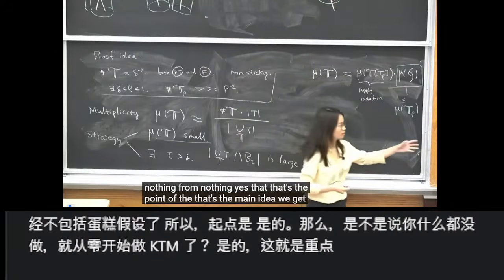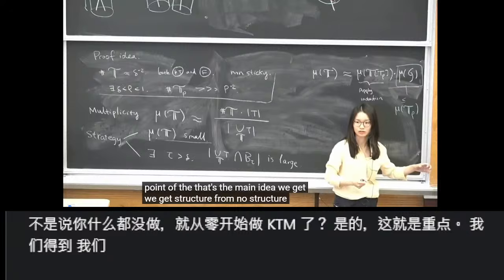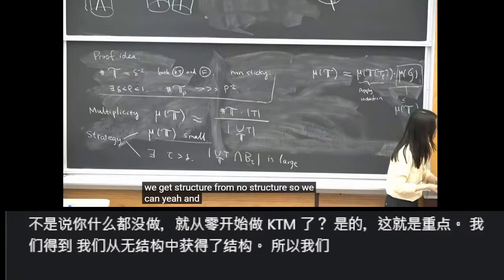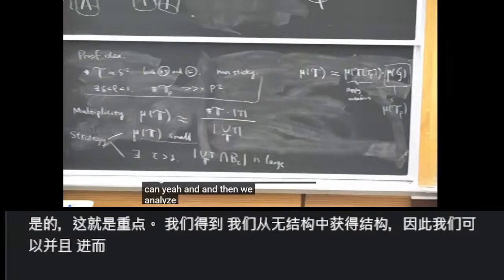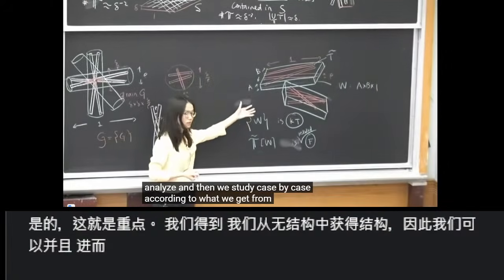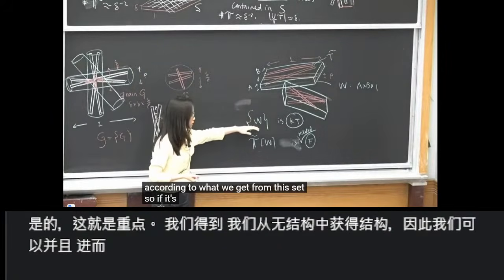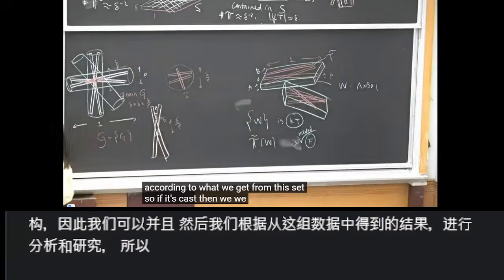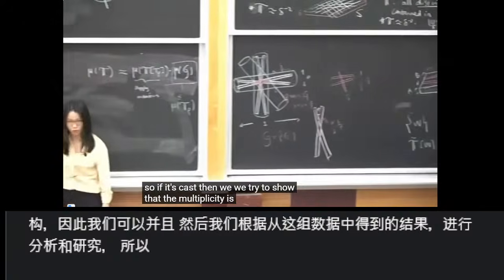We get structure from no structure, and then we study case by case according to what we get from this set. If it's Kakeya, then we try to show that the multiplicity is small.